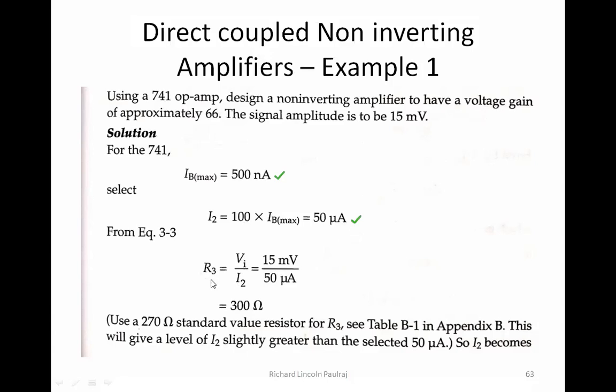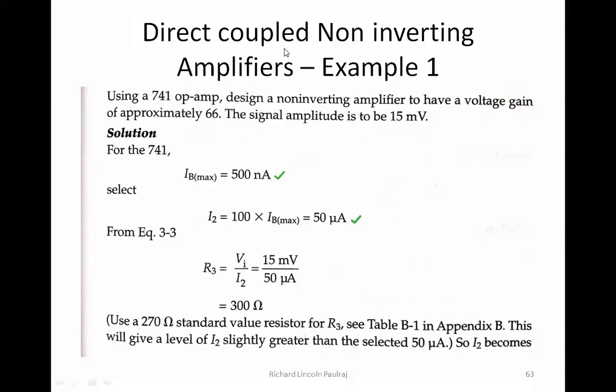Fine. Now we have the formula for R3. Where was R3? R3 was at the bottom, right? And VI, why we are taking VI? It's because it is as good as the input voltage divided by I2, right? So we know that we have about 15 millivolts for the input voltage, right?